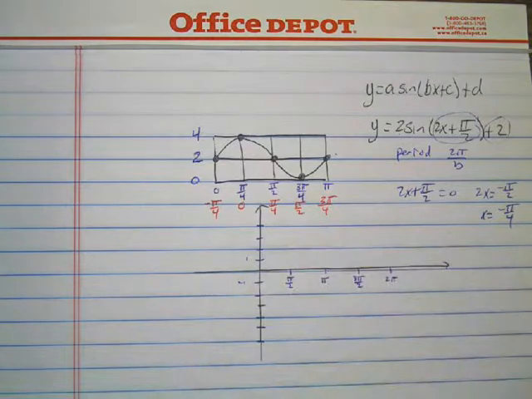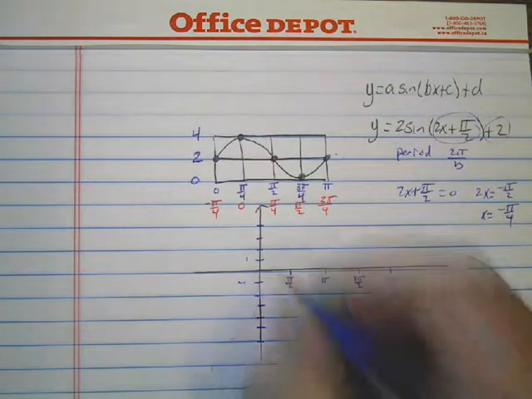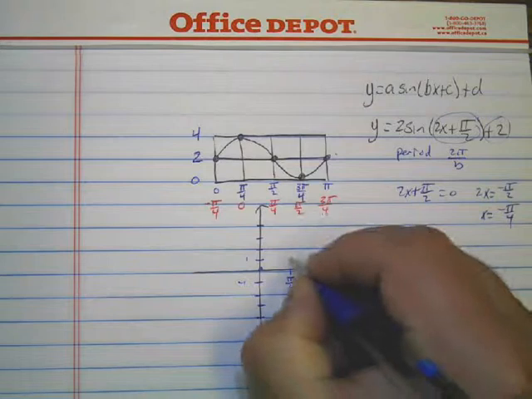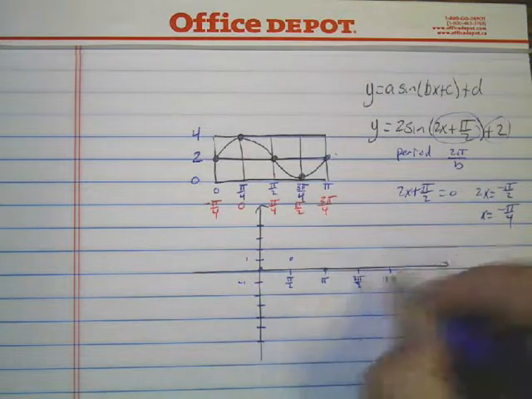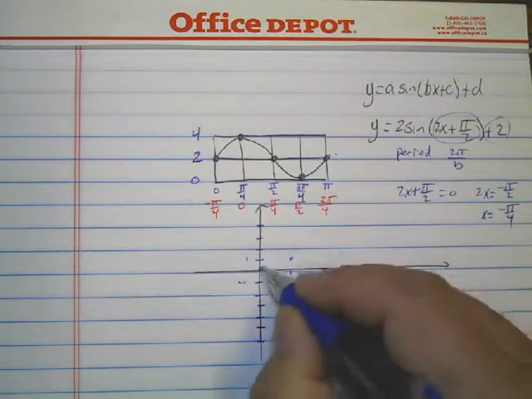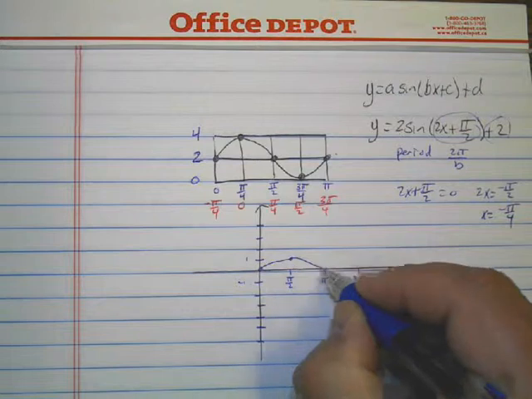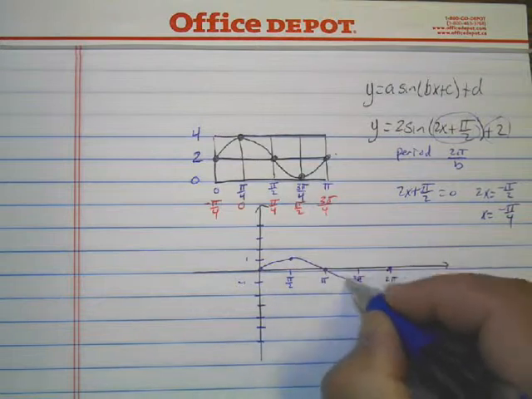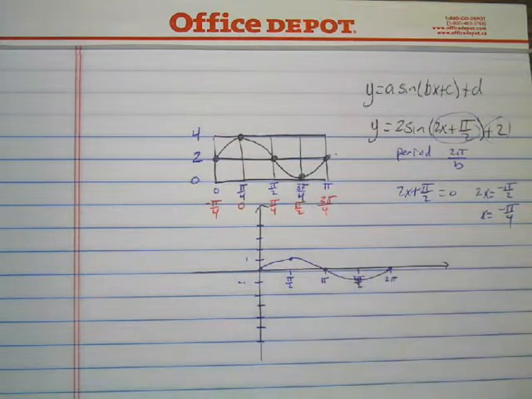So if I were to graph a regular sine at 0, 0, at pi over 2 it's 1, pi at 0, 3 pi over 2 it's negative 1, 2 pi at 0, and so this would come up, come back down, go down, and then come back up. And that is one cycle from 0 to 2 pi for sine.